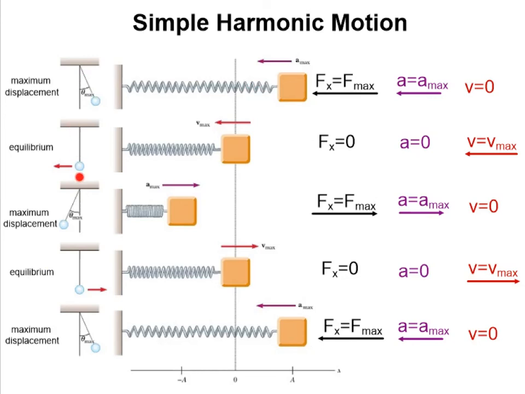When both of these systems are passing through equilibrium, we have these truths holding, and then here, when the momentum of these systems is carrying the bob or the mass past equilibrium, so that it is then reaching its maximum displacement on the other side, these things are true. And back to equilibrium and back and forth, and we have our simple harmonic motion and the different conditions that are true for these different stages of the harmonic motion.